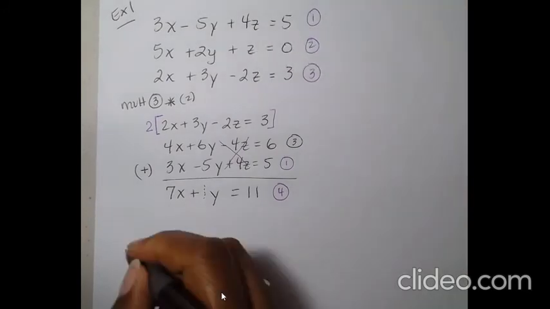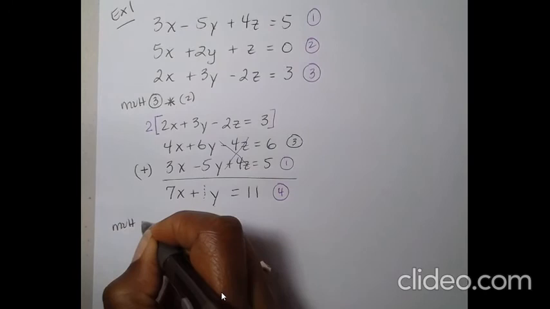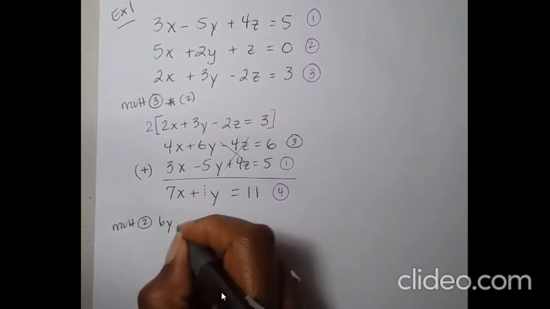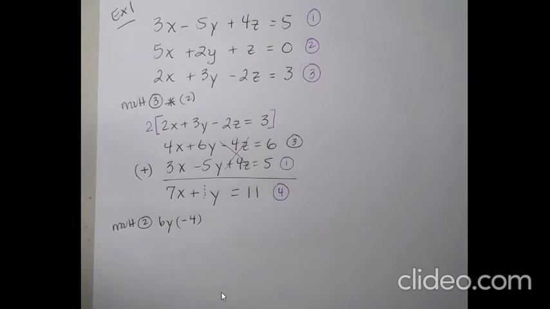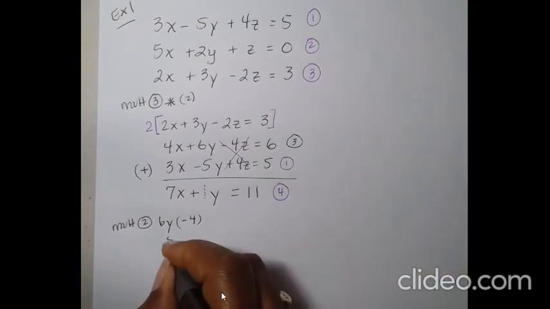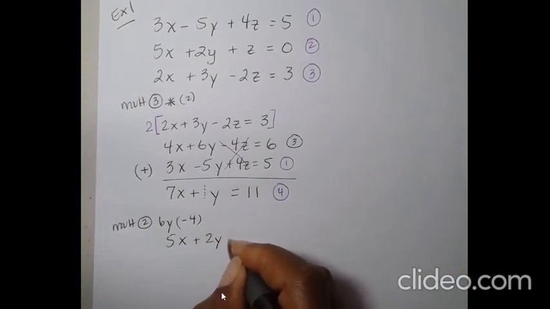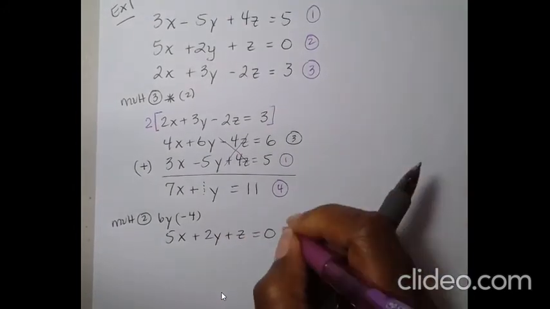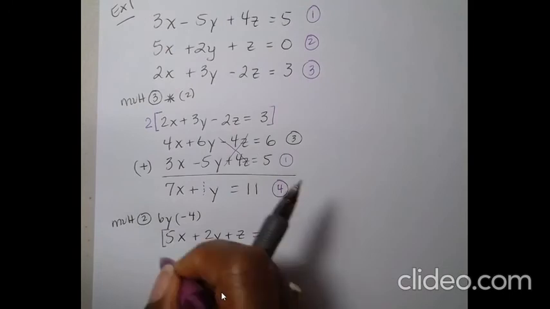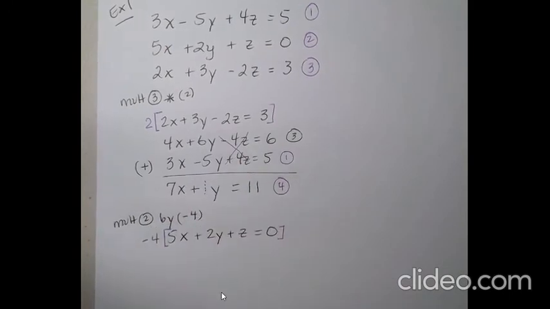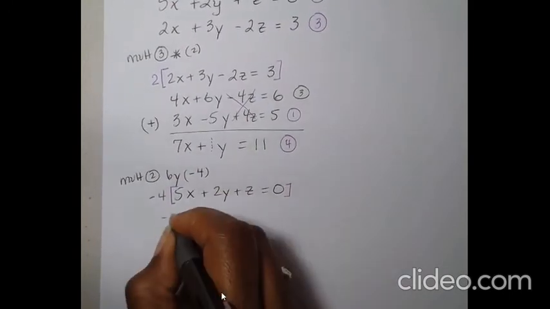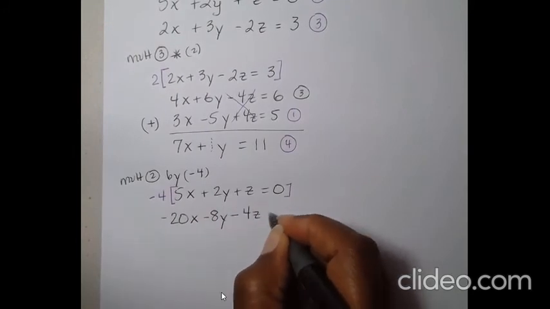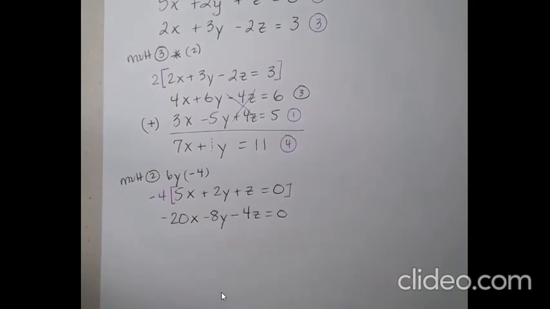So we're going to multiply equation 2 by negative 4. So let's bring equation 2 down. 5x plus 2y plus z equals 0. We're multiplying the entire equation by negative 4. So now we have negative 20x minus 8y minus 4z equals 0.